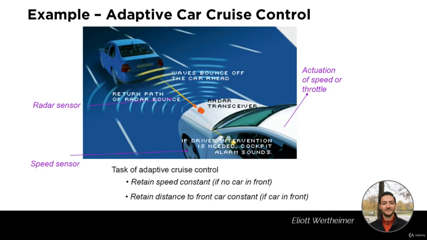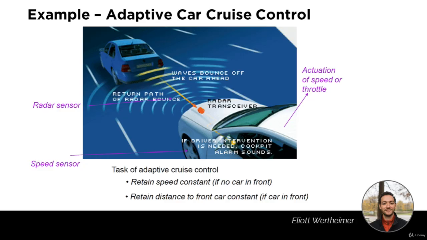Let's now look at the example of adaptive car cruise control. Here we have a car equipped with a radar transceiver. This radar emits electromagnetic waves which bounce around the environment of the car to tell it how far its closest obstacles are.